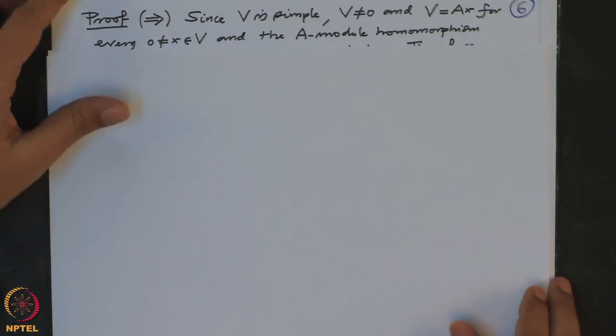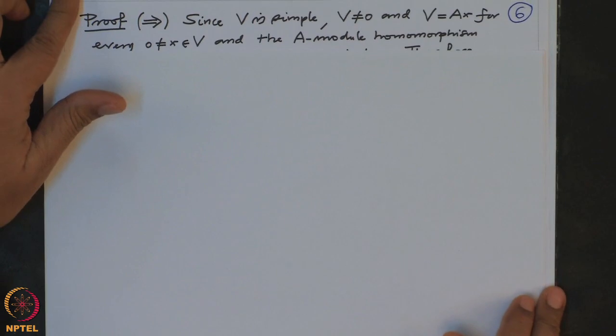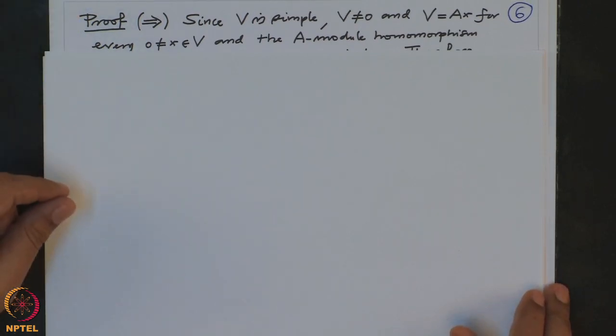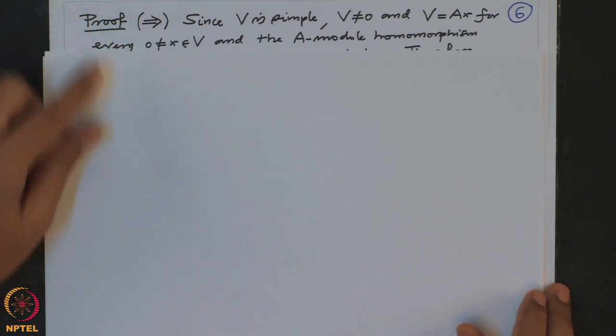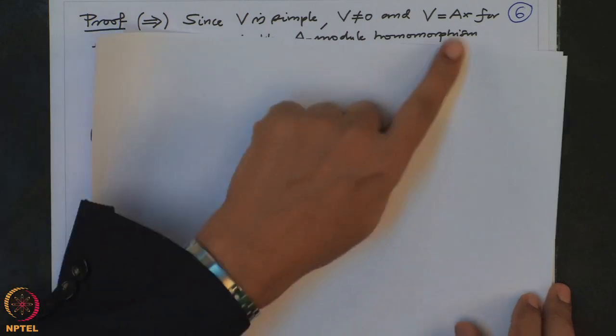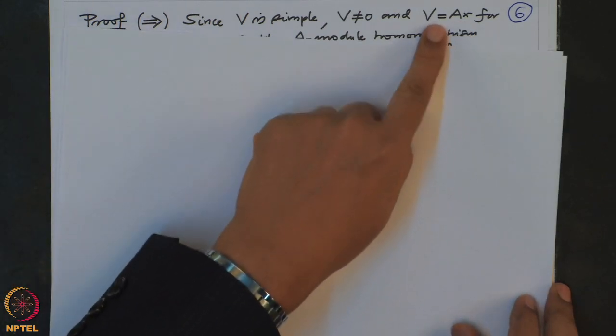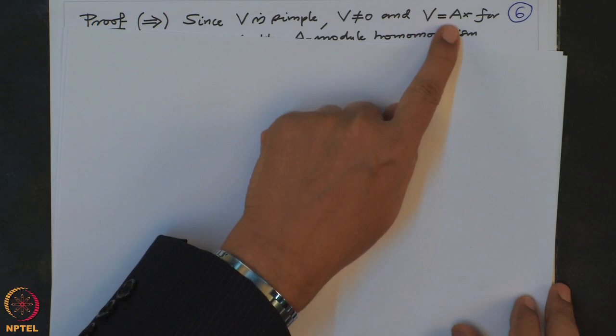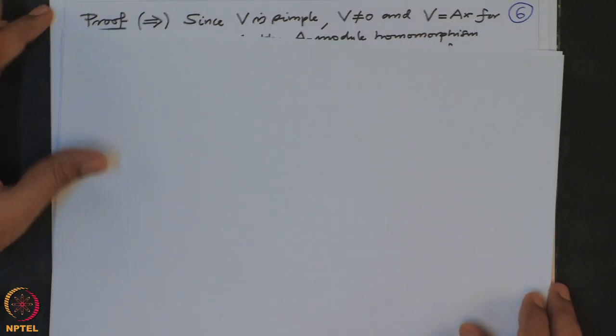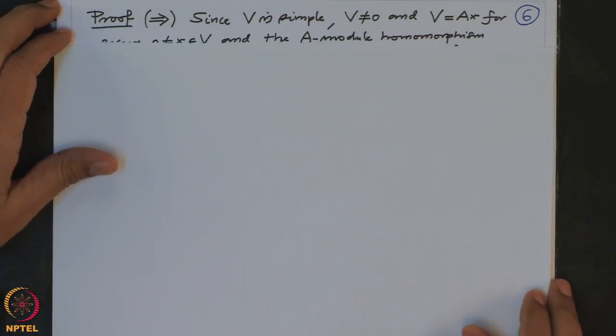The proof is very simple. First assume V is simple. Then we know V is non-zero, and if I take any non-zero element x of V and take the submodule generated by x, that has to be the whole V, because it is non-zero and the only submodules are either 0 or the whole.